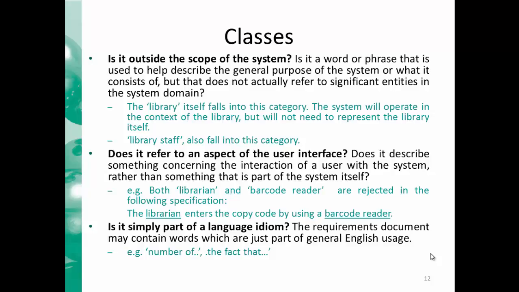This is actually part of the interface in the library, and some tangible physical thing in the library. It's not part of my system, but part of my system interface. So I reject it as a candidate class in my system. Is it some language idiom?